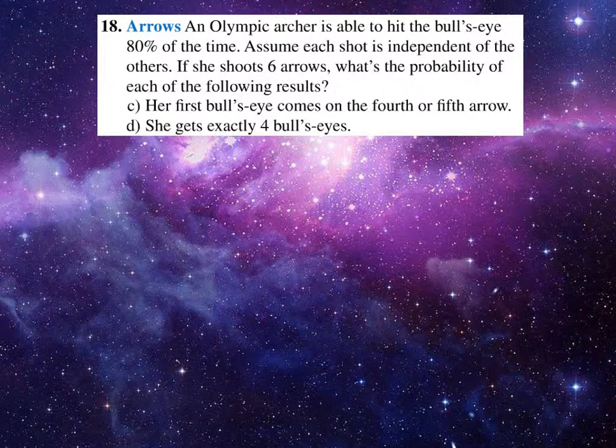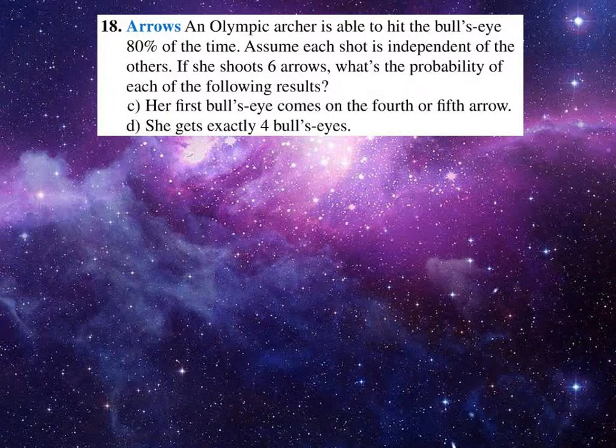So if I'm looking at C, is C a set number of trials or a go until? Go until. What gives you a hint that this is saying go until? The fact that you have the word first in there.